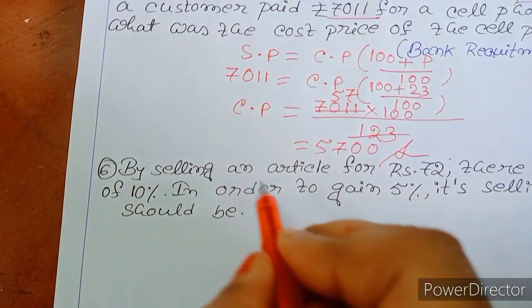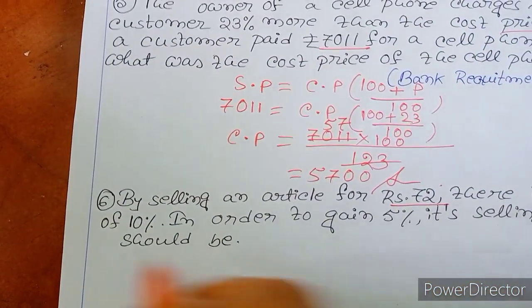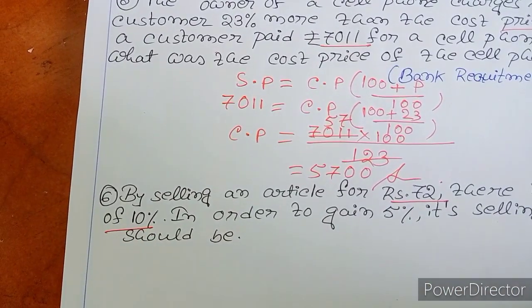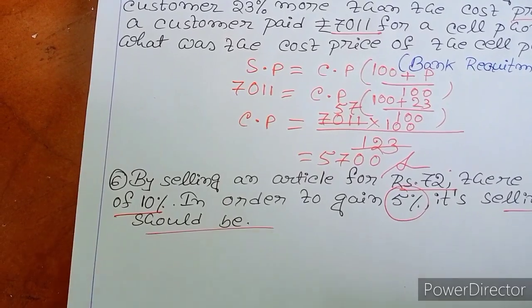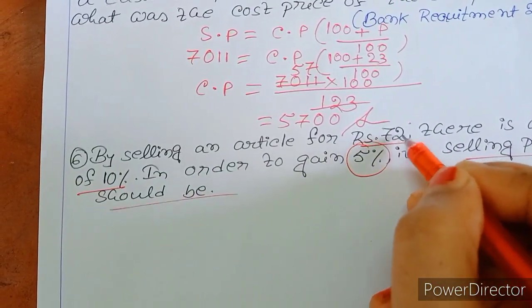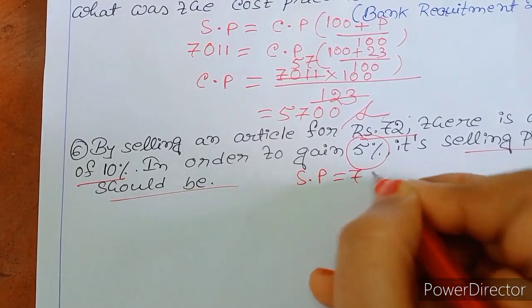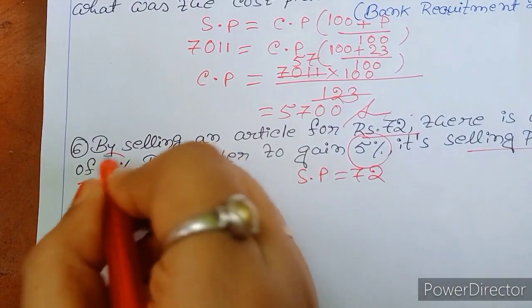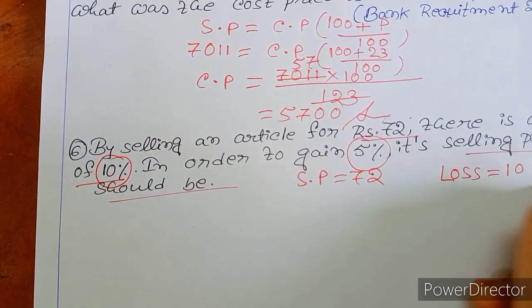Next question. By selling an article for rupees 72, there is a loss of 10%. In order to gain 5%, its selling price should be. Here selling price is 72. There is a loss of 10%, means loss equal to 10%.